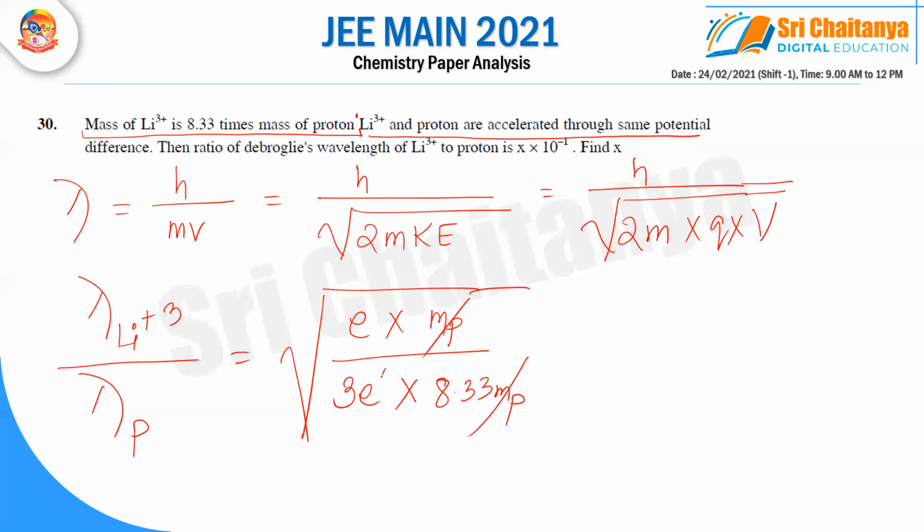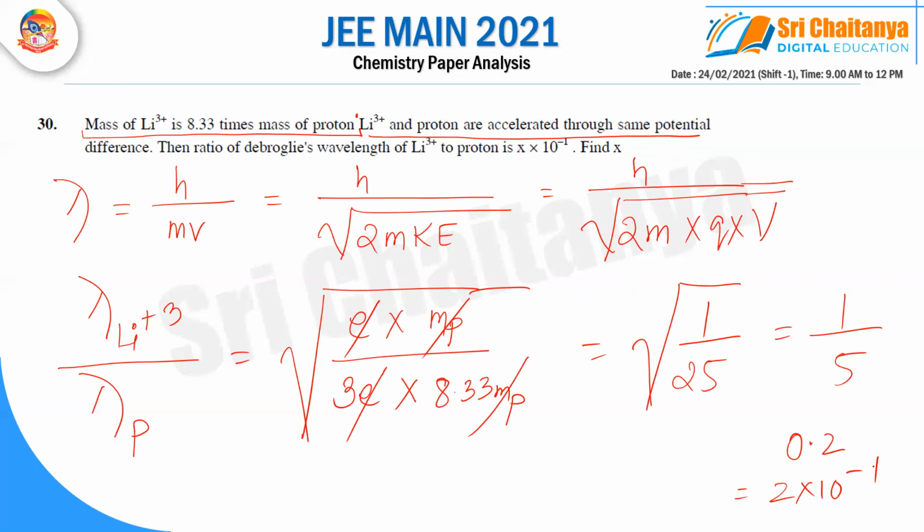If I cancel them up, I'm getting 1 upon 8.33 times 3 will roughly end up being 125, and out of the root it will become 5. So 5 means here 0.2, which can be written as 2 into 10 to the power minus 1. So definitely x is equal to 2.